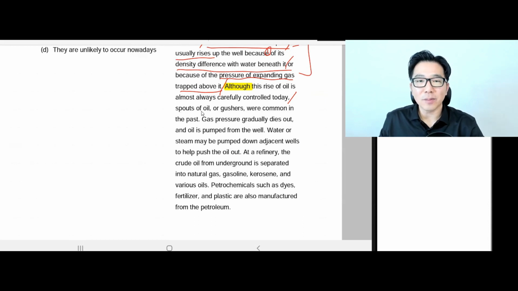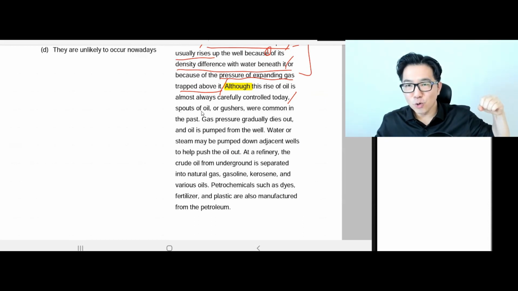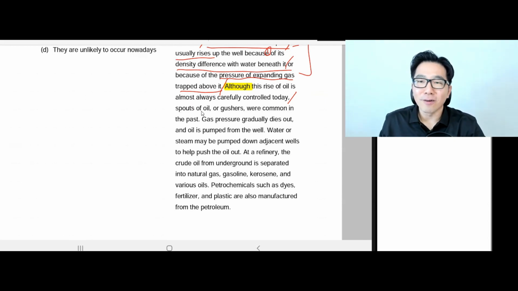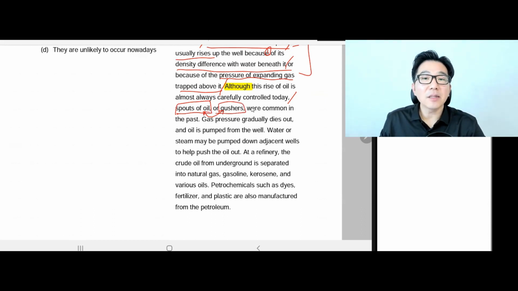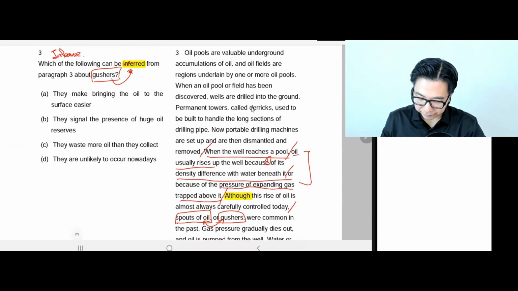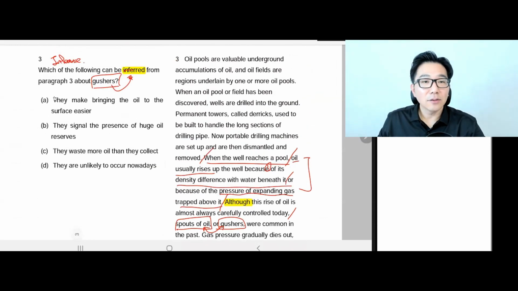Spouts of oil, that's what I mean, like a huge spray of oil, okay, from underground. Or gusher, okay. So spouts of oil are called gushers, okay. Were common in the past. Okay, so we already know the answer to the question.